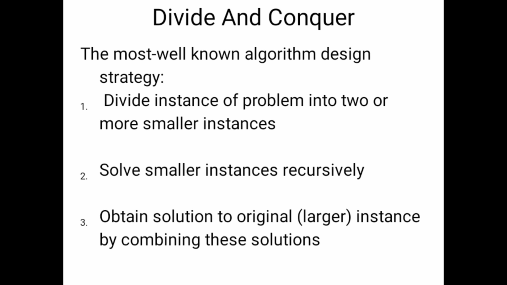That means a bigger problem or bigger work is divided into smaller sub-tasks, each sub-task is solved individually, and the solutions to the individual tasks are combined together to get the solution to the original problem. This is the general technique called divide and conquer.